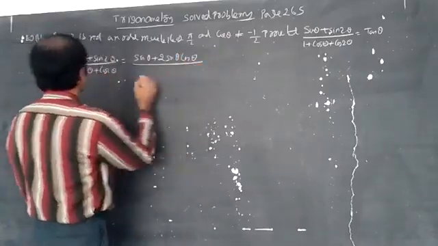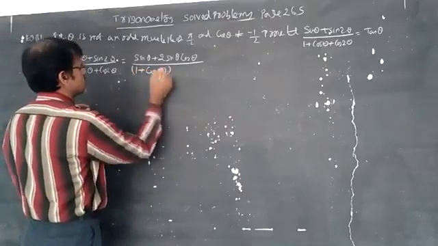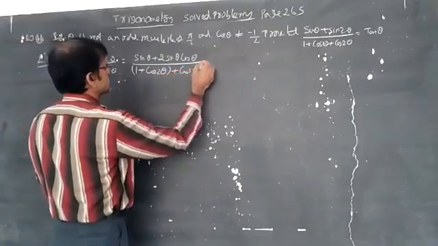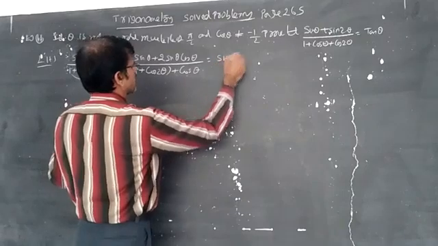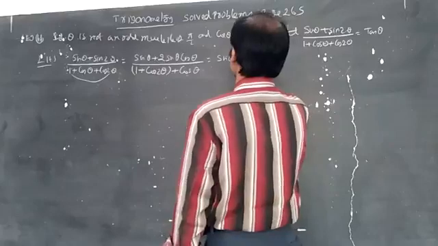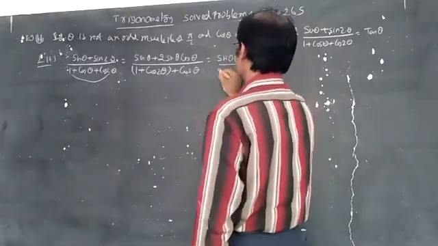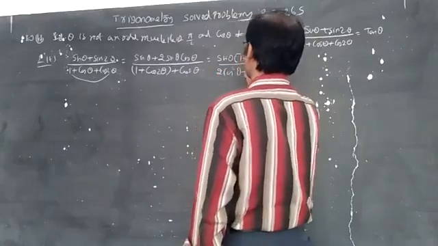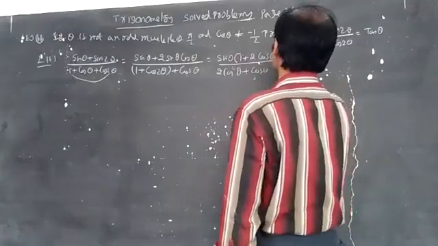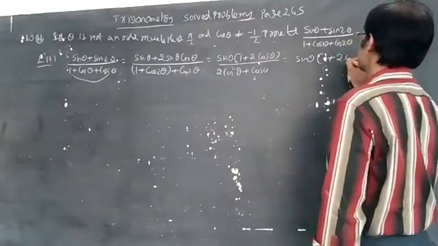In the numerator, take common sin theta, it becomes sin theta (1 + 2 cos theta). In the denominator, cos 2 theta has the general formula 2 cos²theta, so it is 2 cos²theta + cos theta.